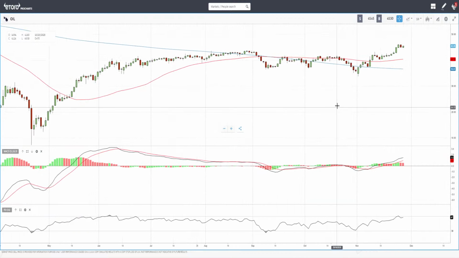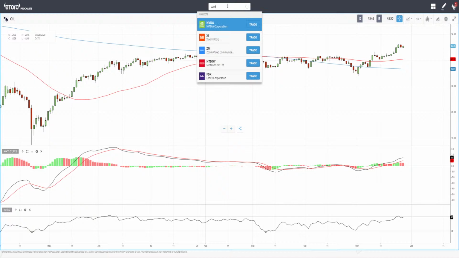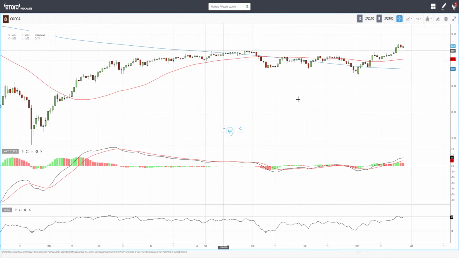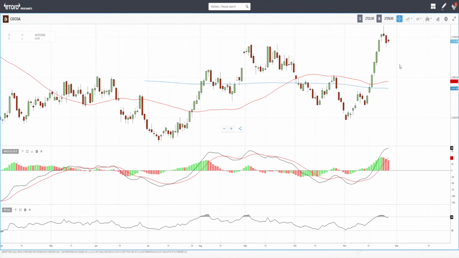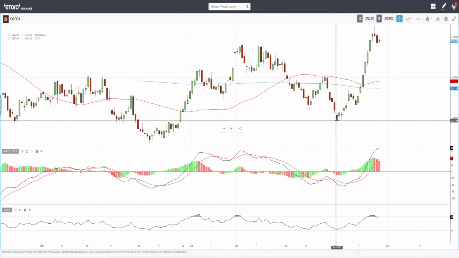So I can look at some of the trades that I think are interesting today. And the first one is cocoa. I don't know how much this has changed since the last time I looked at it, a few minutes ago, but it is still very negative. The reason why I look at cocoa is because it is typical of a market that looks like a bubble.